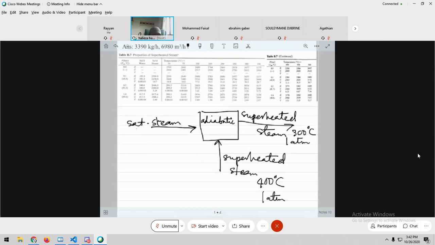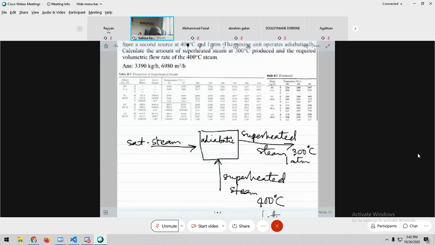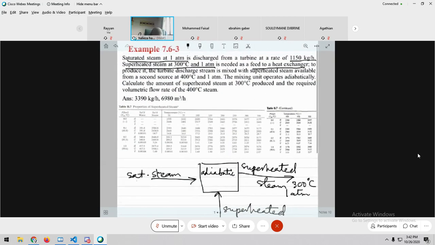Your saturated steam is at 1 atm. Okay, now that rate is 1,150 kilogram per hour. And that is going to be mixed to superheated steam at 1 atm.